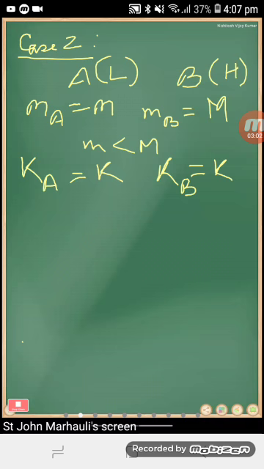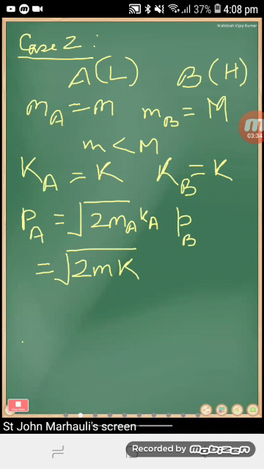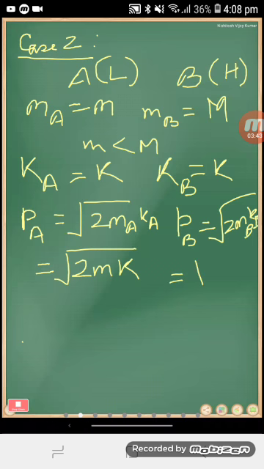So if we try to find out the momentum for A using the formula which we have derived, we get PA as under root 2 MA KA, which means this will be under root 2 small m into K. Similarly, for B, PB will be under root 2 MB KB, that is equivalent to under root 2 capital M into K.